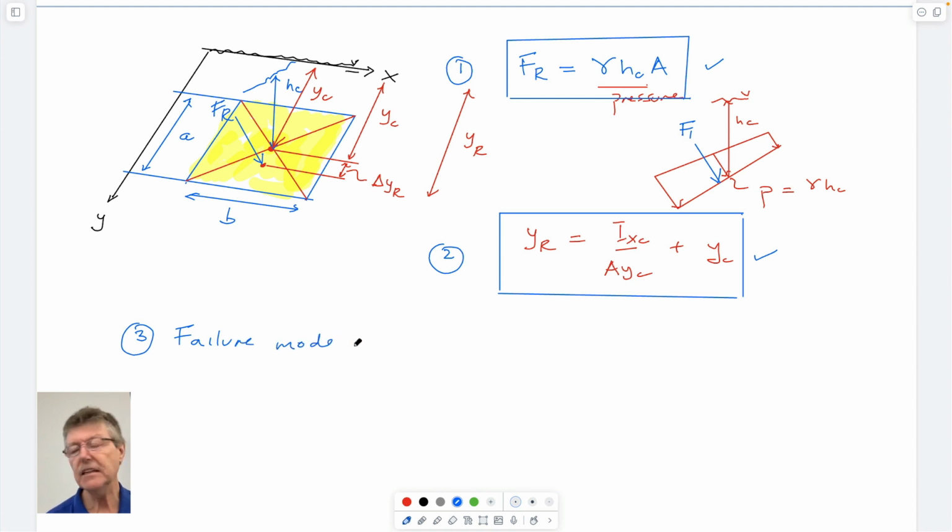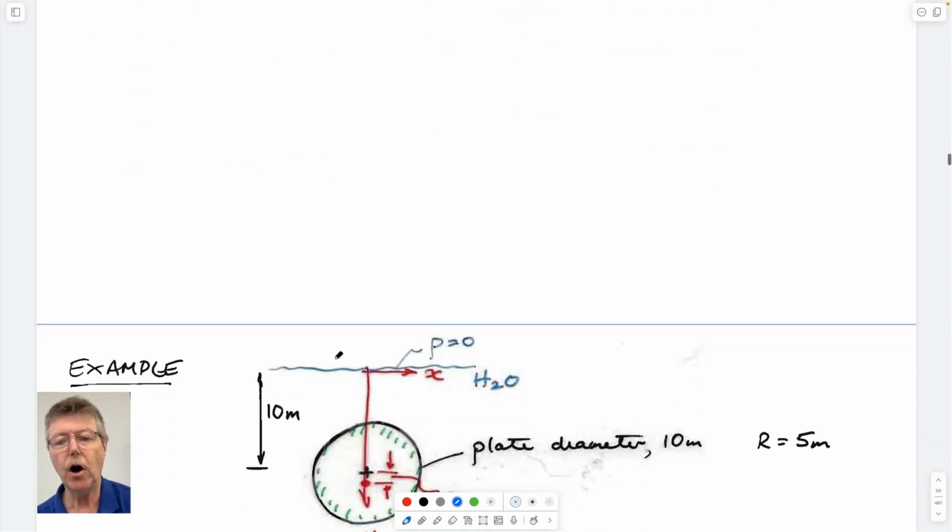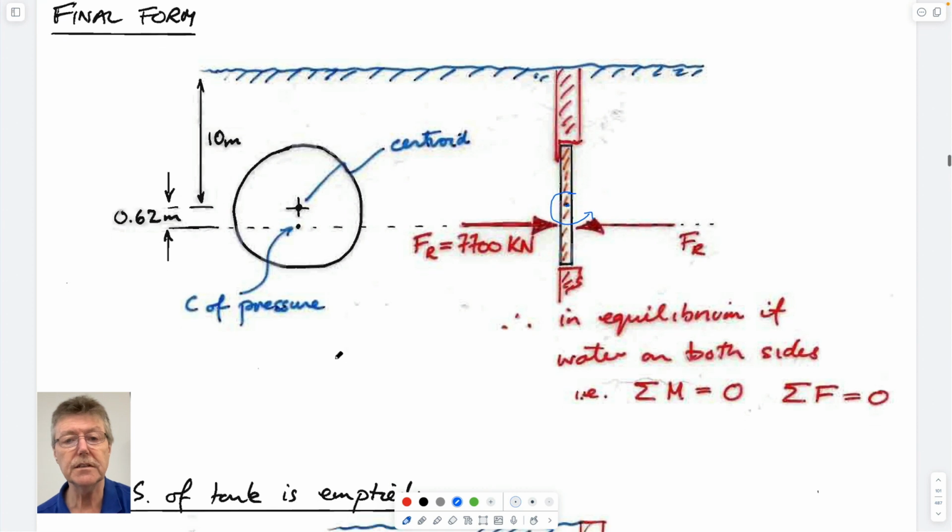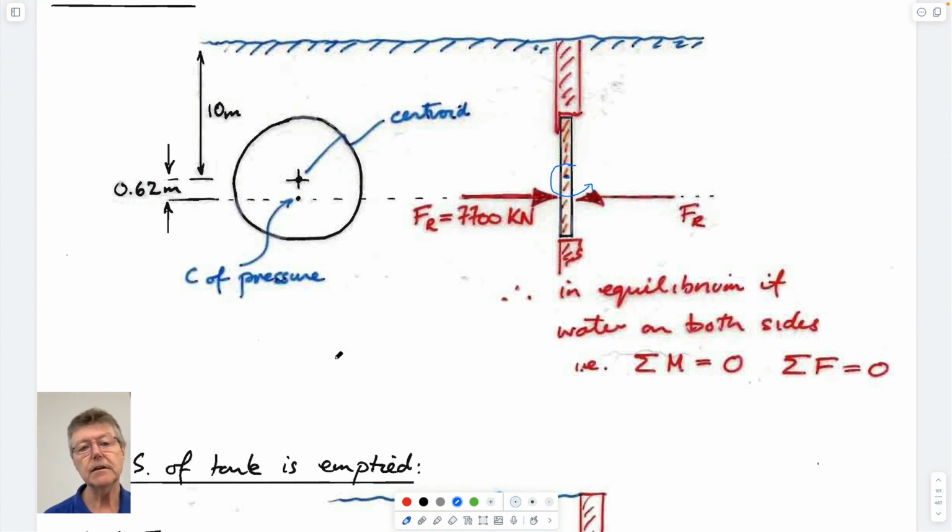For the plane skin problem, we decided on a failure mode, that it was going to rip the skin apart in tension, so we could draw a free body diagram. So we also want to be able to define those for the systems we have, some mechanism by which it might deform. Therein lies some art in what we might want to do. So here's an example. We have a gate below the surface of the water.